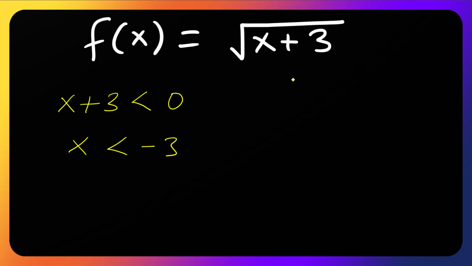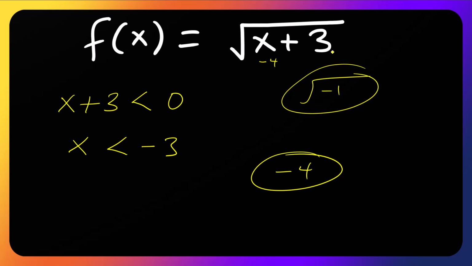Now let's plug in and see anything less than minus 3. So we have negative 4, which is less than negative 3. Let's plug in negative 4. Negative 4 plus 3 is negative 1. If we take the square root of negative 1, that would be a math error, or undefined.